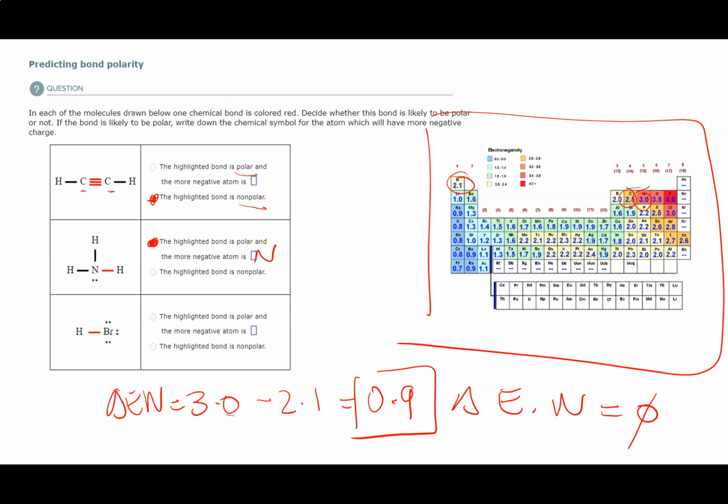Okay. Now we've got hydrogen and bromine. Bromine is over here. Hydrogen is over in group 1A. So the difference in electronegativity, 2.8 minus 2.1, is 0.7. So that's going to be a polar covalent bond. That bond is polar, and the more electronegative atom is going to be the bromine.